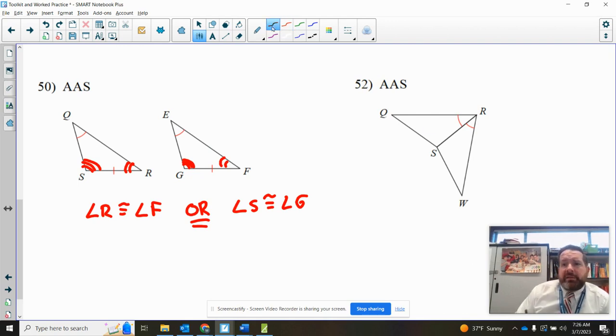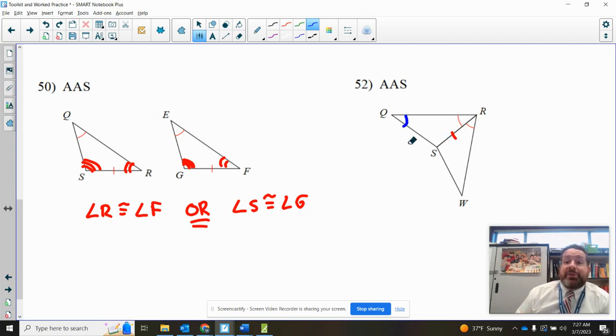Down here then, let's see what we got. I know that this middle side, the shared side, is congruent to itself. And I'm again using AAS. Important to know, in AAS, I want to use the angle on the side and another angle that doesn't touch the side. So here you don't have a choice.